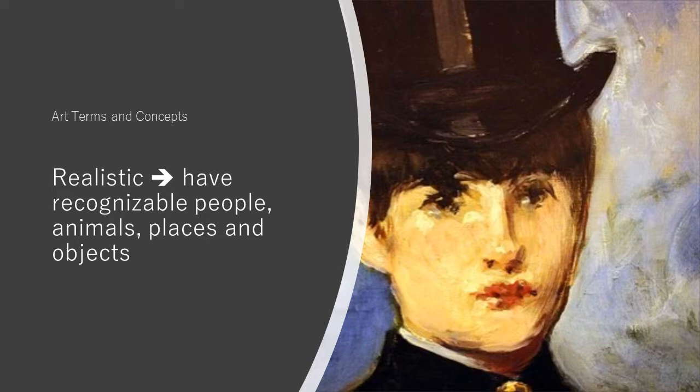Now you'll see in this painting here, I've decided that it's a realistic painting, even though it's not 100% realistic. It's a bit impressionistic. It clearly is a person. It appears to be a woman. You can see her face. There are eyes, nose, mouth. She's wearing a hat, some type of jacket. They're all recognizable objects, and therefore it's a realistic painting.